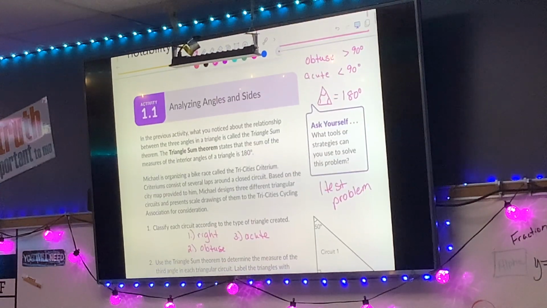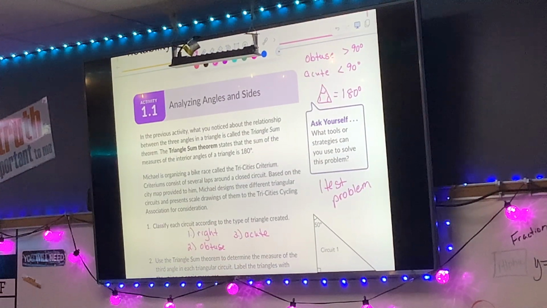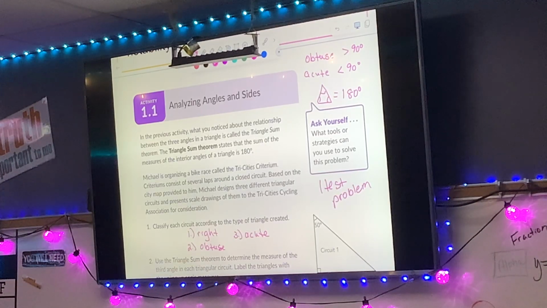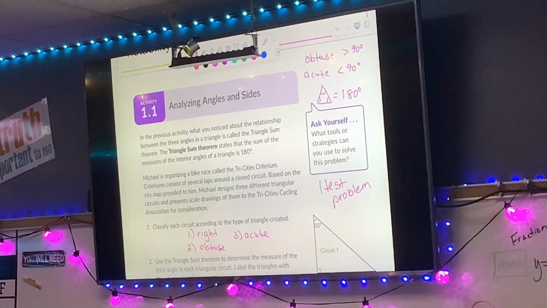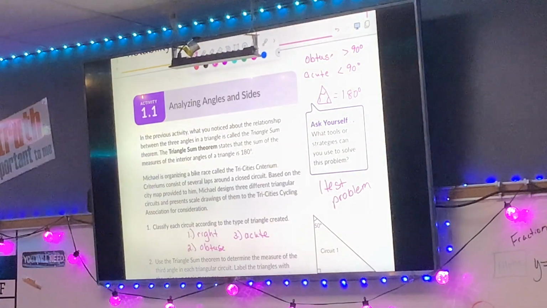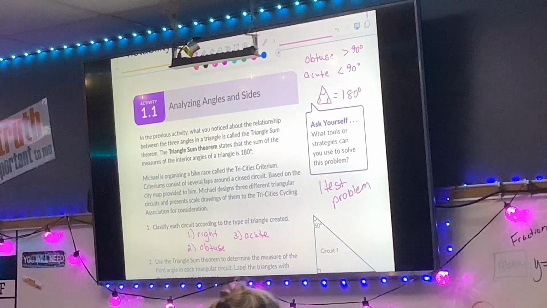So go ahead and at the top right, obtuse is greater than 90. Is that in your way? Okay. Acute is less than 90, and then draw a beautiful triangle like that, and the measures of the angles equal 180. That's the main thing you have to remember today. Your measures of your triangle will equal 180.